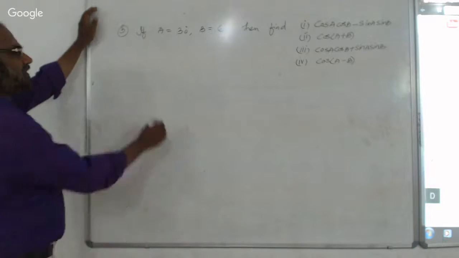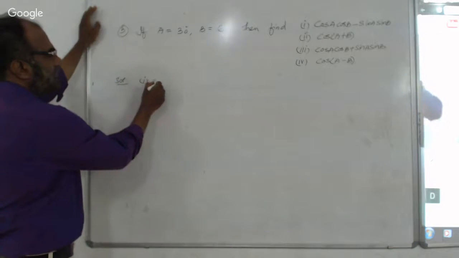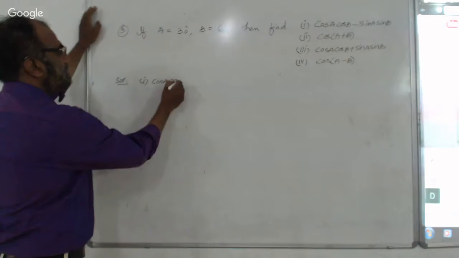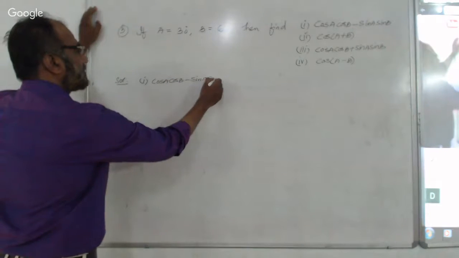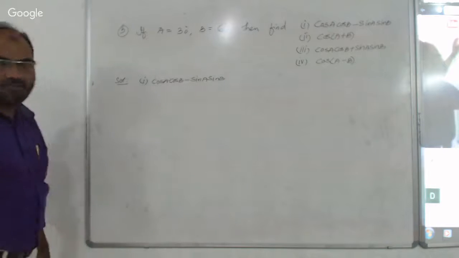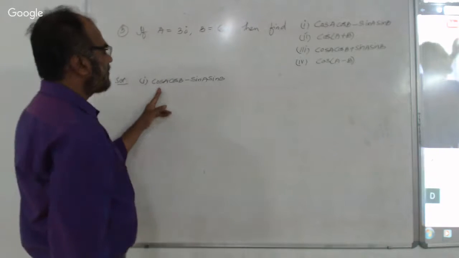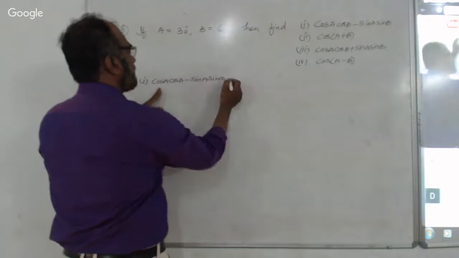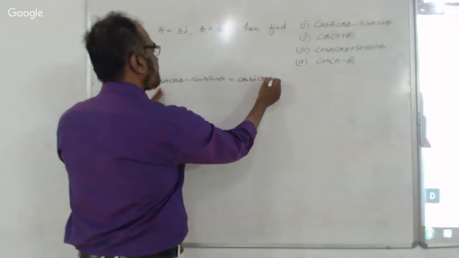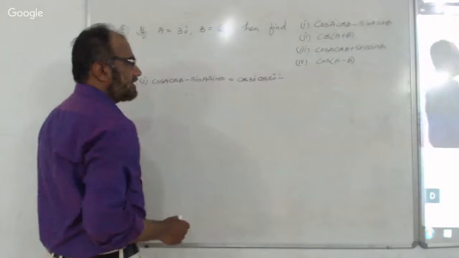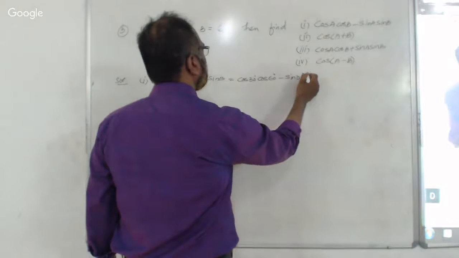Let's take the first way, that is cos A cos B minus sin A sin B. Now, what are the A and B values? Let's substitute that. Cos 30 cos 60 minus sin 30 sin 60.